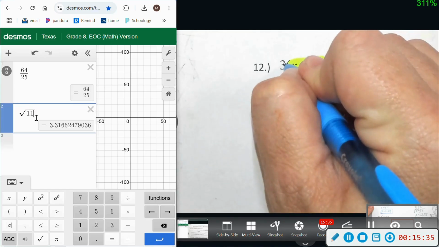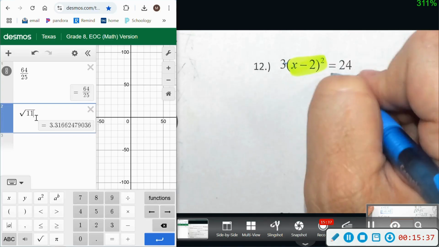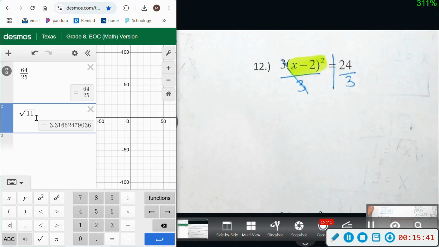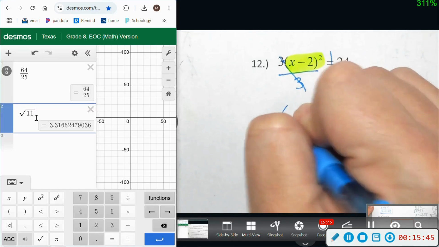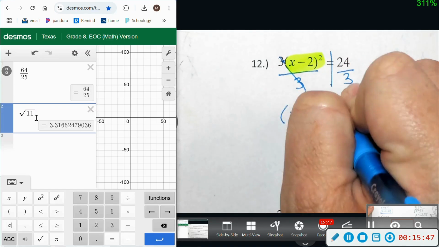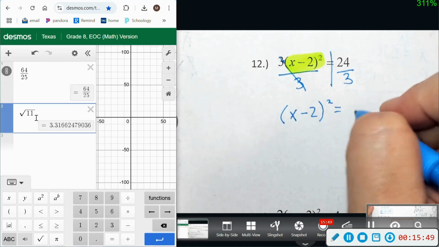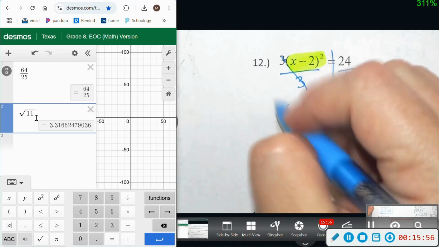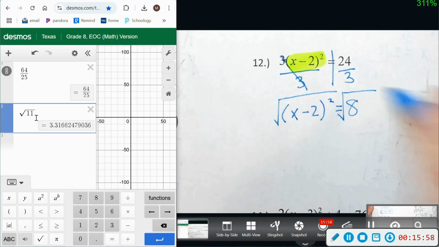Well, isn't this multiplication? Yeah, so I'm just going to divide both sides by 3. So we get x minus 2 squared equals, what is that, 8? Now is what's squared alone?